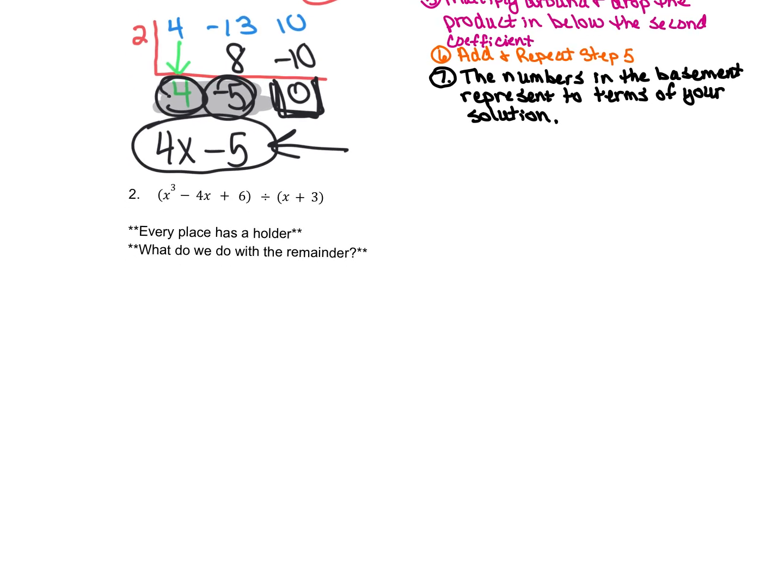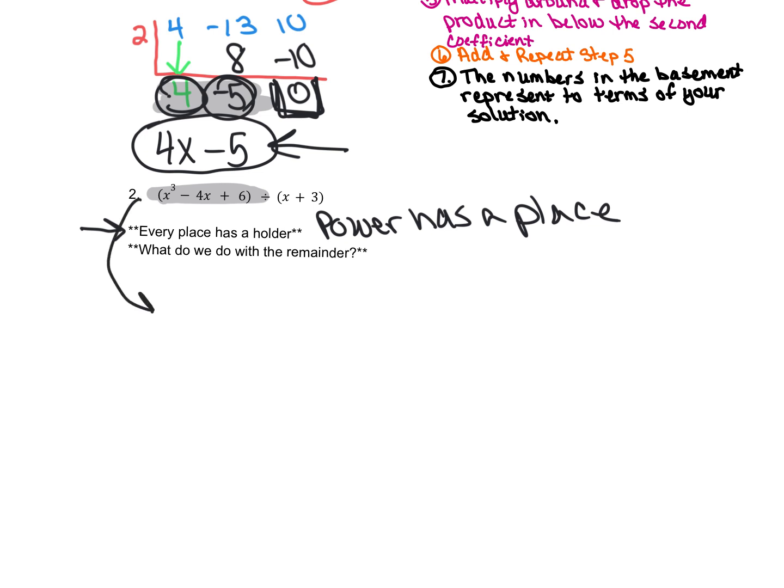First thing I have written down here is every place has a holder, or I sometimes call it every power has a place. Which basically means if you're missing a power, you're missing an exponent, it has to have a placeholder in there. So like here, I have x to the third minus 4x plus 6.